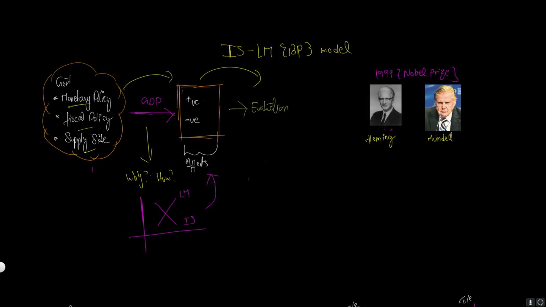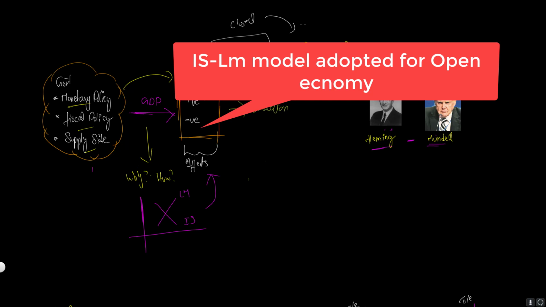Keep in mind that the model developed by Fleming and Mundell, also called the Mundell-Fleming model, is not a new model per se. It's simply a modification of the ISLM model in the closed economy, where we factor in the open economy, in the sense that we factor in net exports and imports, trying to see what happens when the model is used in an open economy.